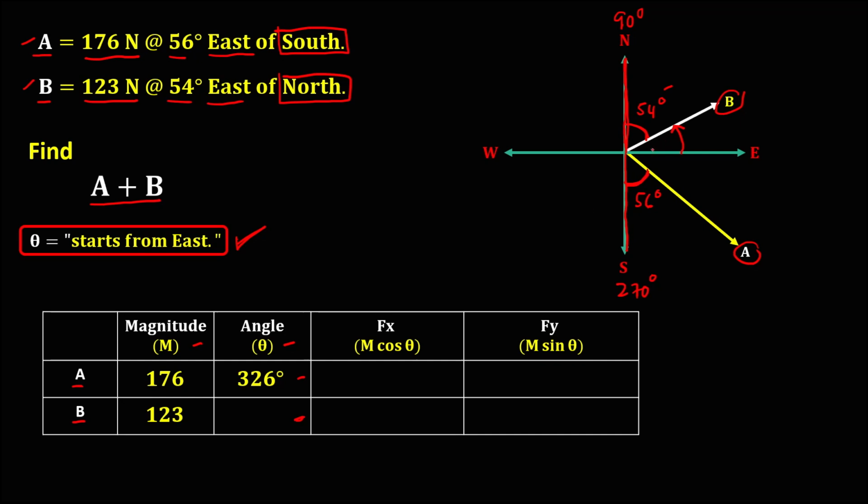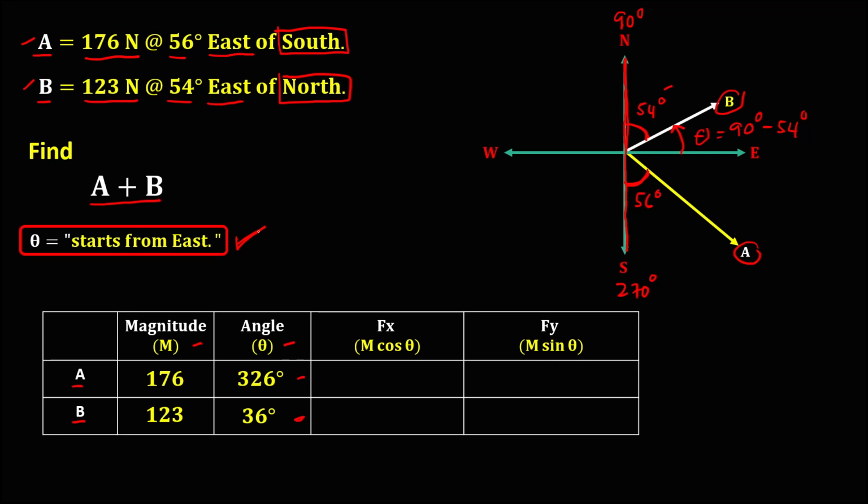Since it is outside, we need to subtract these two angles. So theta equals 90 degrees minus 54 degrees. Therefore, theta for vector B is equal to 36 degrees.